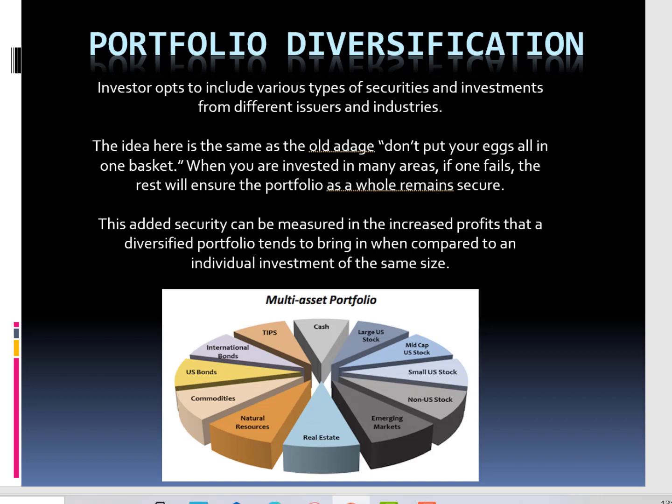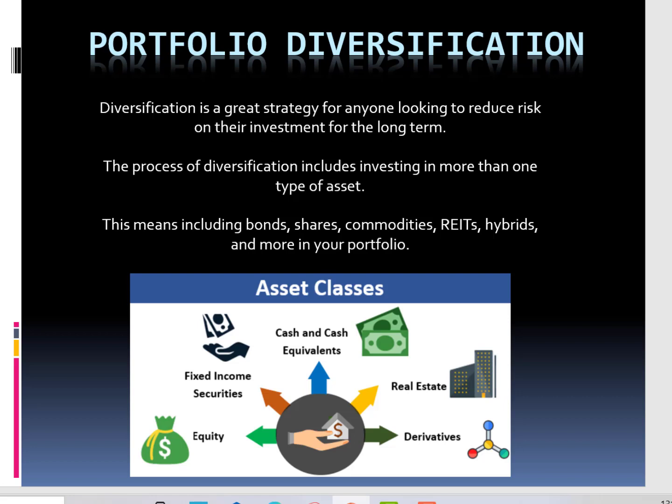On the graph, you see a multi-asset portfolio going from real estate to commodities to bonds to many types of US and other countries' stocks. This is really important, to diversify as much as possible. And you need to understand what diversification into different asset classes means and why this is important for you.